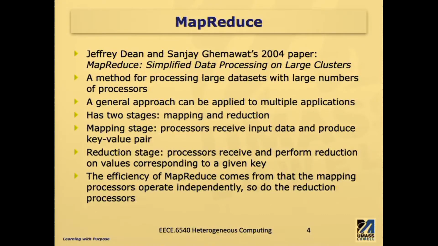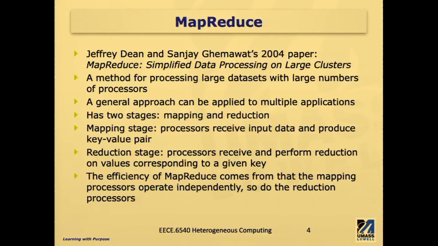And this MapReduce approach, as I mentioned earlier, has two stages, mapping and reduction. So we're going to use these two words throughout this lecture. First stage, mapping. Mapping is to basically give these large number of processors some work to do.